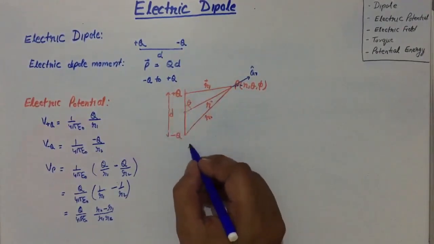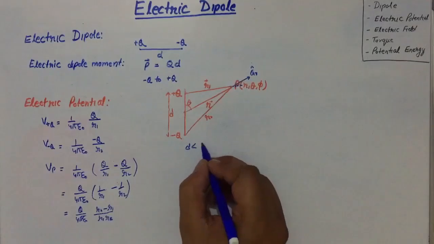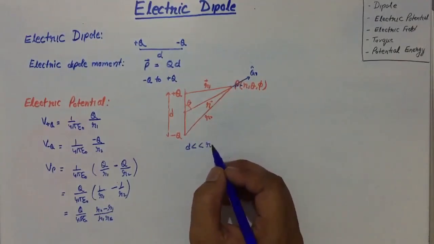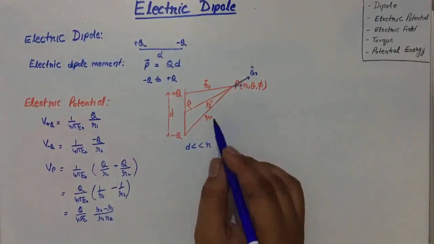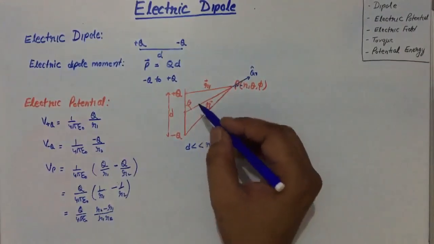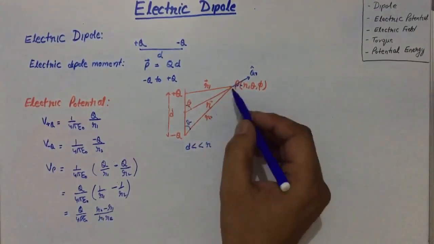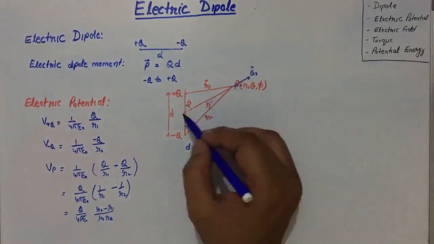So if we consider that d is very small compared to the position vector, then in that case this angle and this angle can be considered the same if this point is considered very far from here.